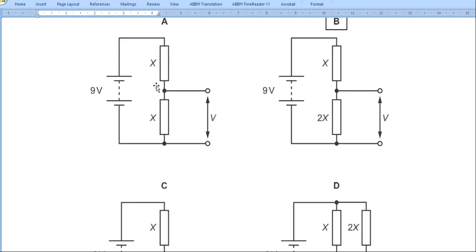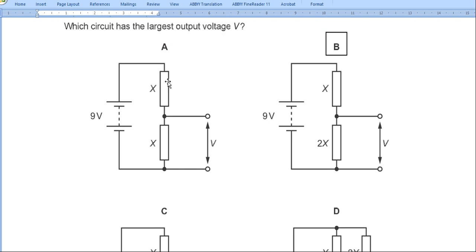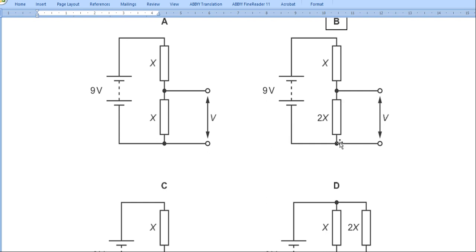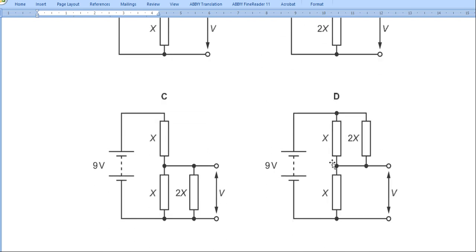So potential divider, here it is half, 4.5, here it is greater than 4.5, here it is less than, here it is less than, greater than 4.5, but total resistance is less.